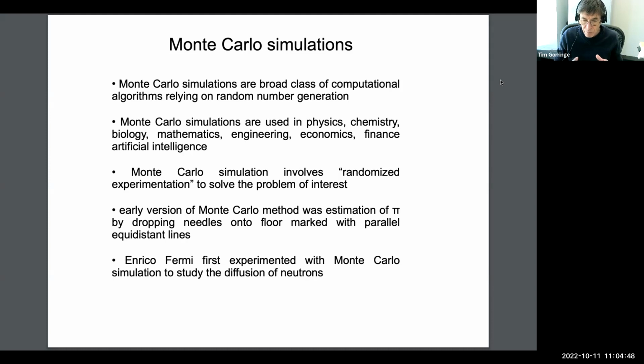The earliest Monte Carlo method, which actually didn't involve a computer but is akin to a Monte Carlo method, was the estimation of pi by dropping needles onto a floor marked with parallel lines that are separated by units of the needle length.